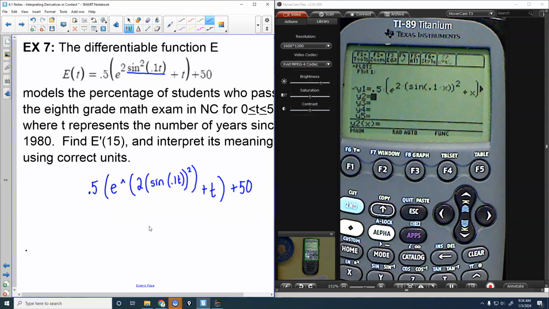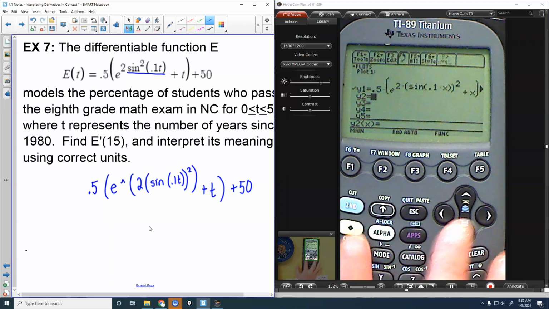Let me check to see if you got that in. And then the true test of whether you got it in correctly or not is going to be if you get the right answer. So once you get this typed in, it's not that difficult to find the derivative. It's just that same thing we do for the derivative.